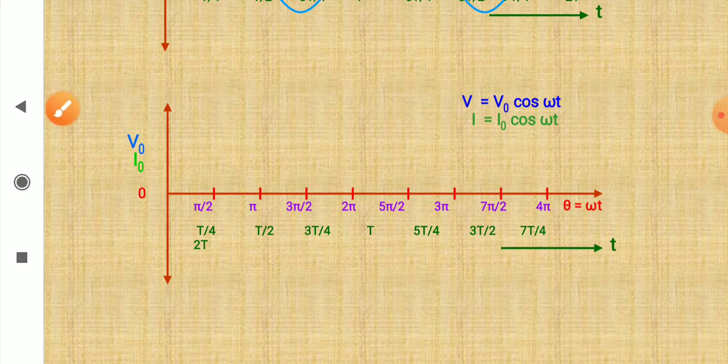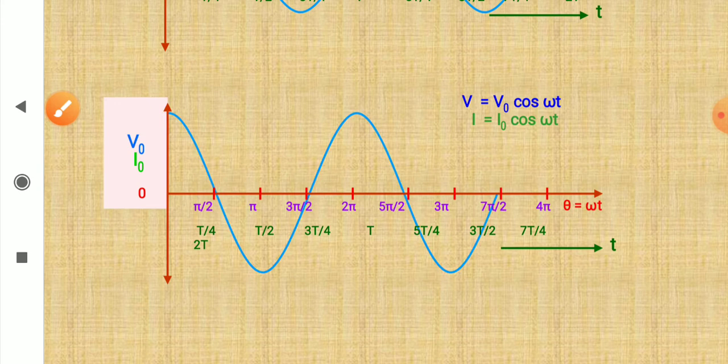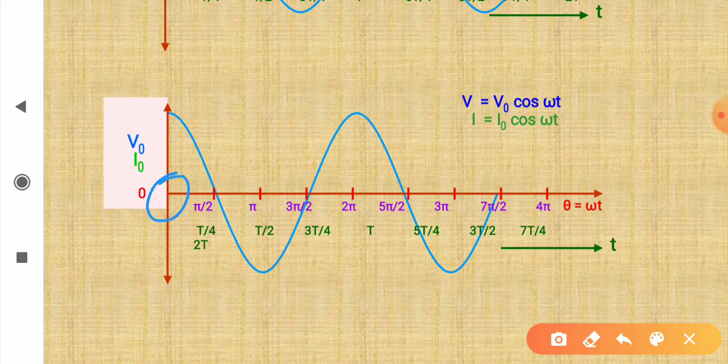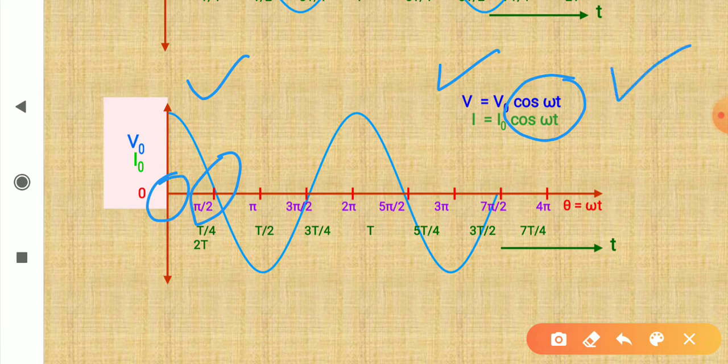Now let's see, what if the waves are represented by cos omega t? So sine and cos can be easily converted into one. So here, when time t is initial position, or when theta is 0, you can see that here when time t is 0, V is maximum because cos 0 is 1. So here voltage is maximum, and at 90 degree it becomes 0, cos 90 is 0.